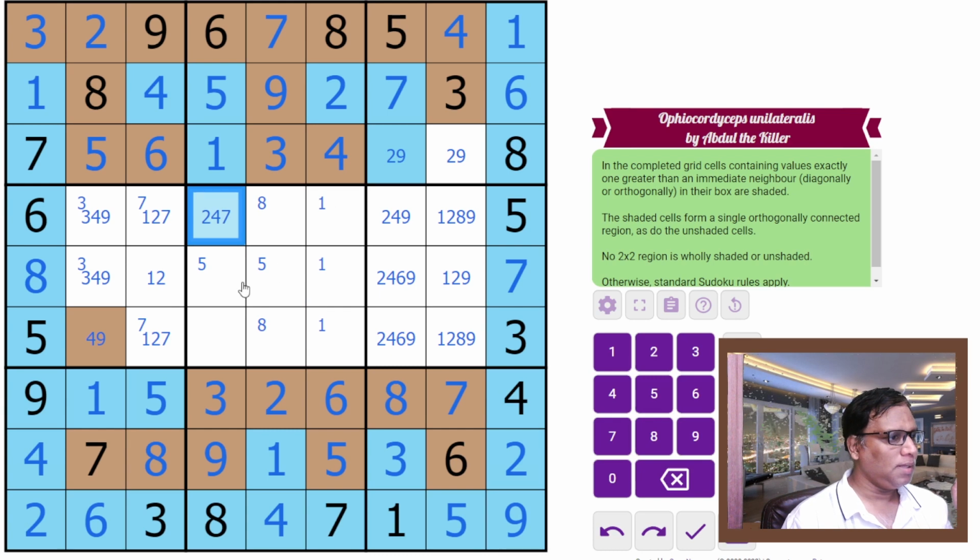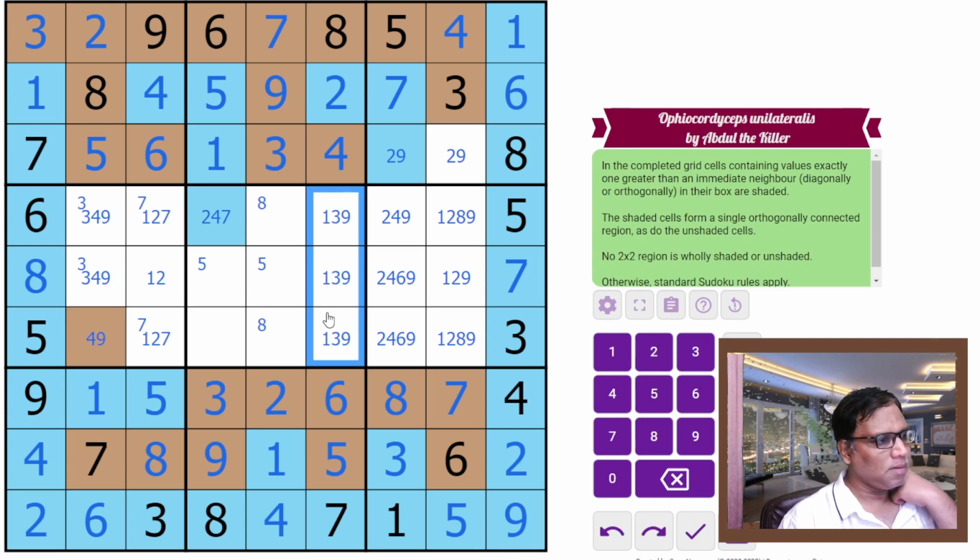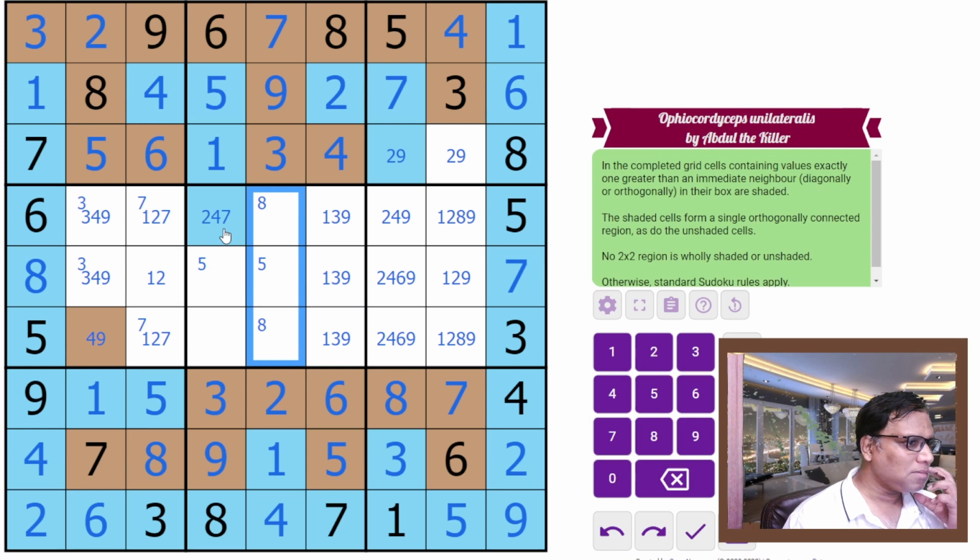What about 3? 4 is here. Now, what about 3? 3 is not here, 3 is not here. 3 is here. So let's just put that number. What I'm doing, 1, 2, 3, 4, 5, 6, 7, 8, 9. 6 is here.